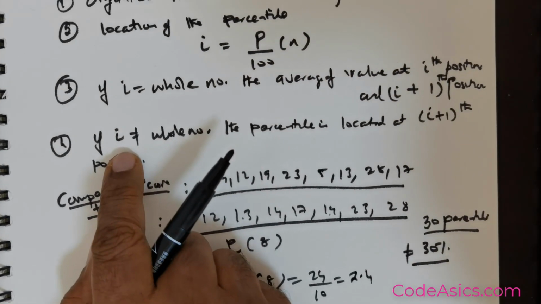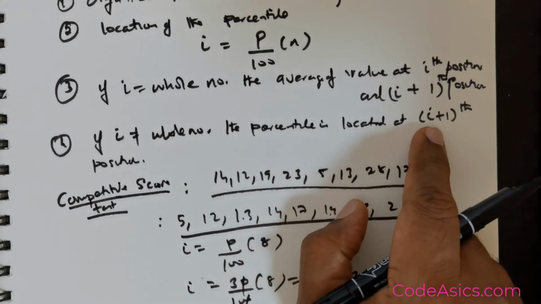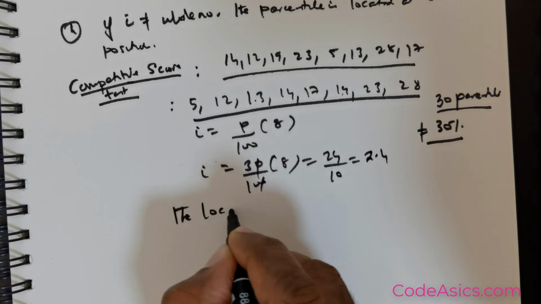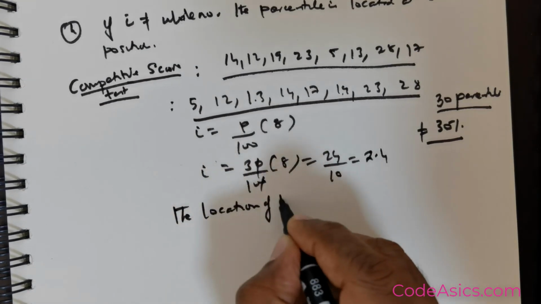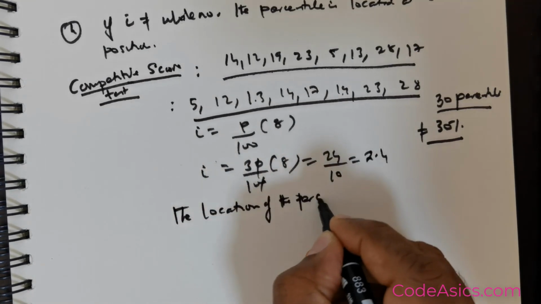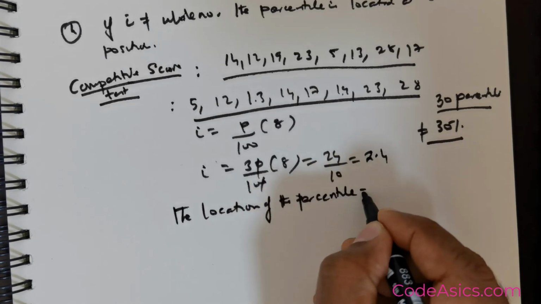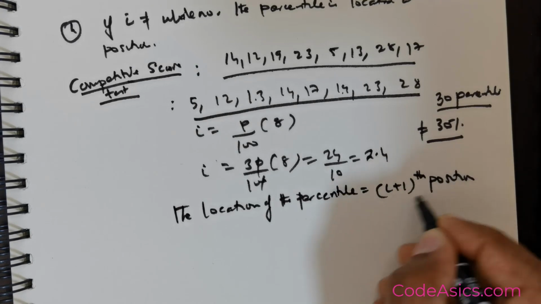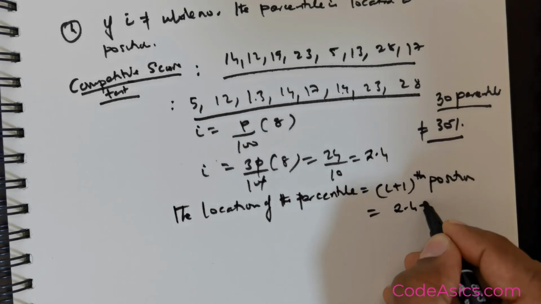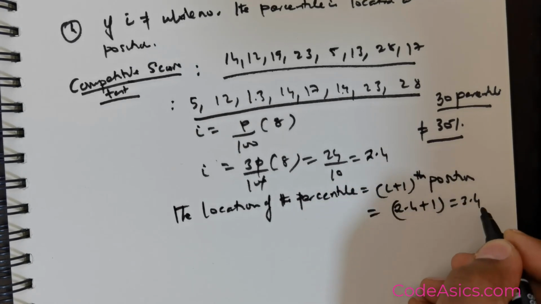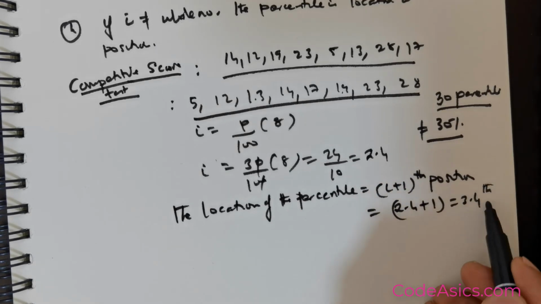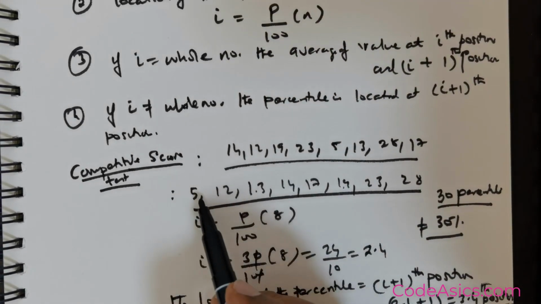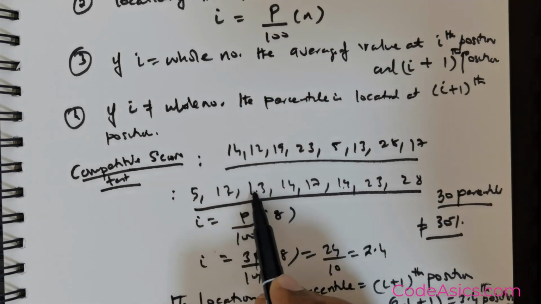Now clearly you can see that i is not a whole number, so the percentile is located at the i plus 1th position. In this case, 2.4 plus 1 is equal to 3.4th position. Now what is the 3.4th position? Go over here, count 1, 2, 3.